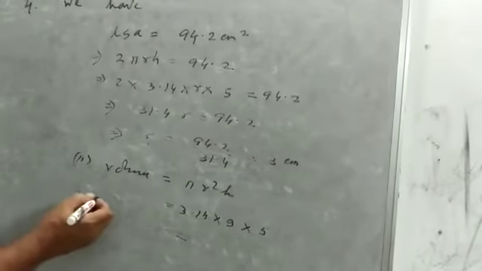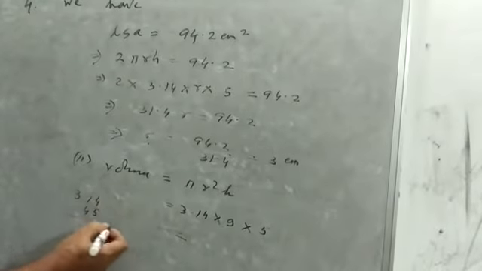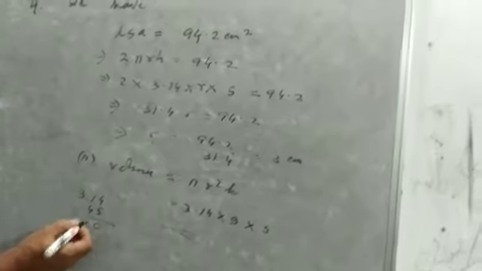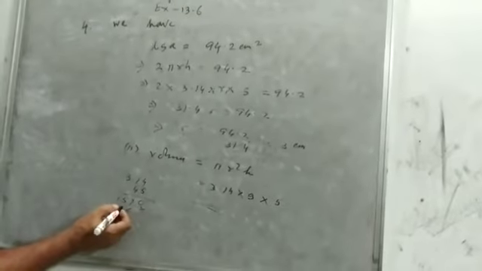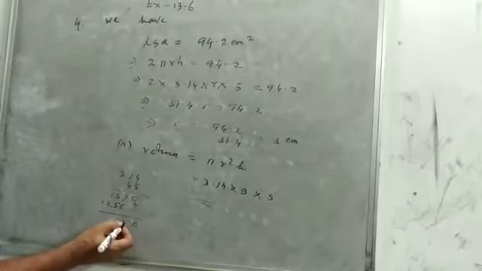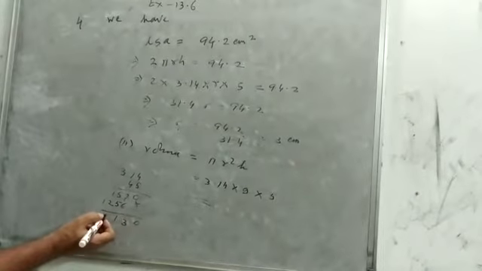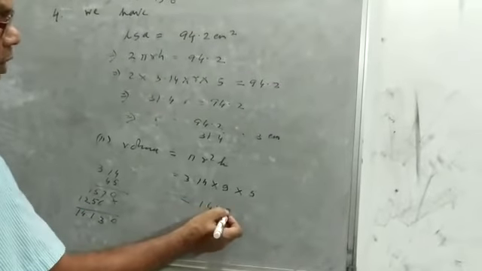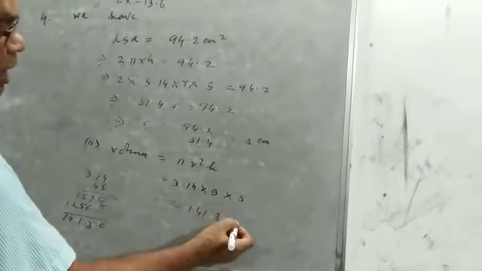Then we will multiply 9 × 5, that is 45, so 3.14 into 45, which gives 141.3 centimeter cube.